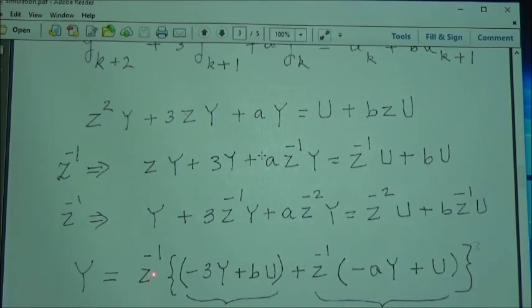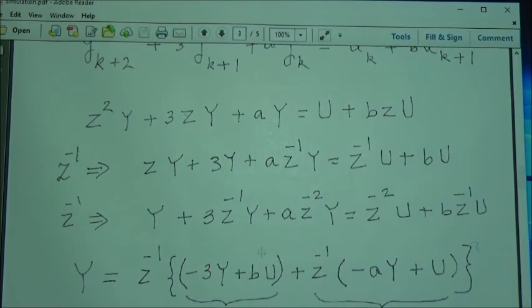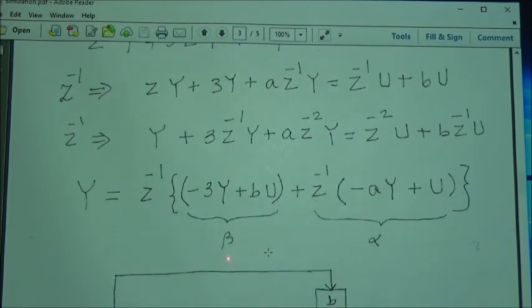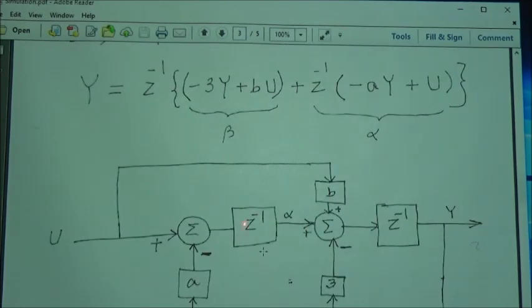So now I have a nested factorization of z minus 1. I will call this alpha, I will call this beta. And now I have this particular situation. I again start from y in the left side as my output, and I put one delay, which is z minus 1 here. Then I will have here a term which involves only z minus 1.